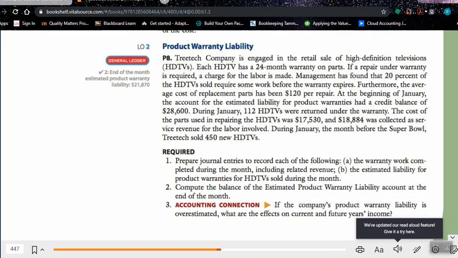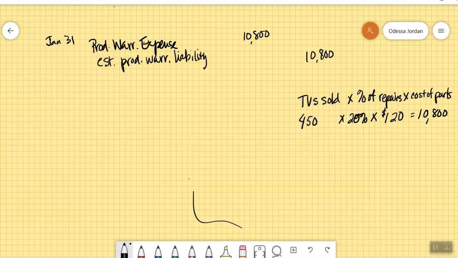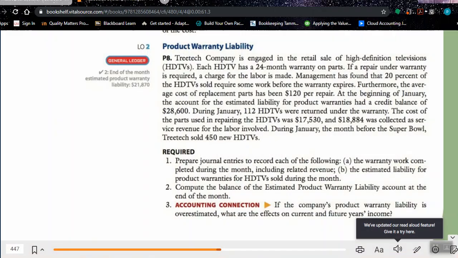So if we go here, it says calculate the balance of the estimated warranty liability account at the end of the month. What we have to do here is determine our beginning balance of the account, which was 28,600. I believe they told us that in here. There it goes.